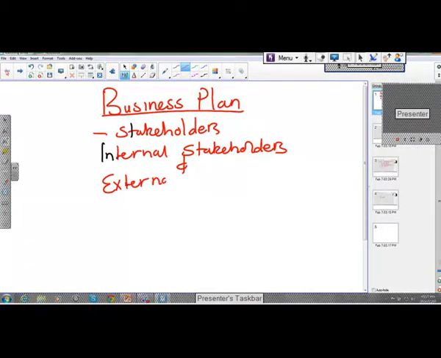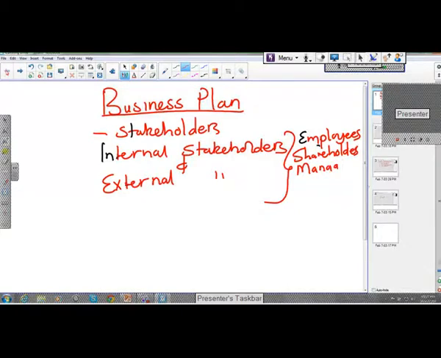Of the internal stakeholders, we have employees. We also have shareholders. Those are internal stakeholders, and we also have management. Shareholders and also what? Management.